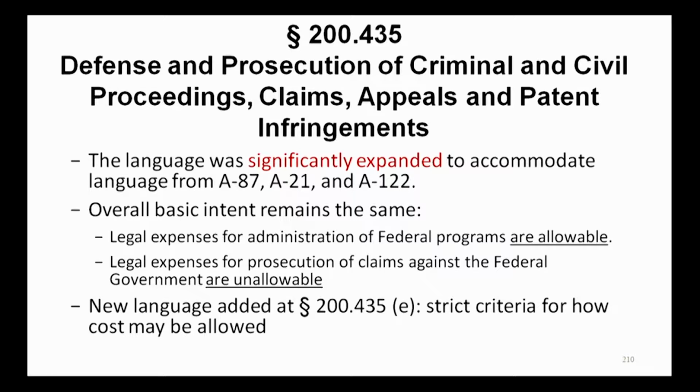So what we're telling folks is that if you are going to incur a legal cost to your grant, 200.435(e) is the very strict criteria for how costs may be allowed. It has very prescriptive language that says if it meets this, this, and this test, then it may be allowed.